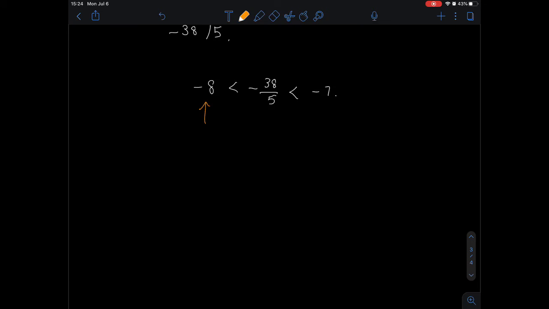You can write negative 38 equals negative 8 times 5 plus 2. So negative 8 is the quotient, while 2 is the remainder.